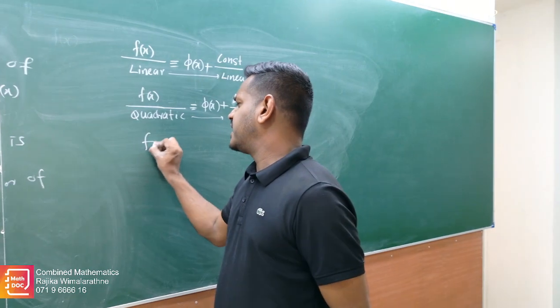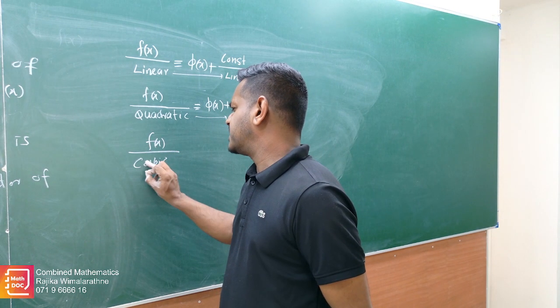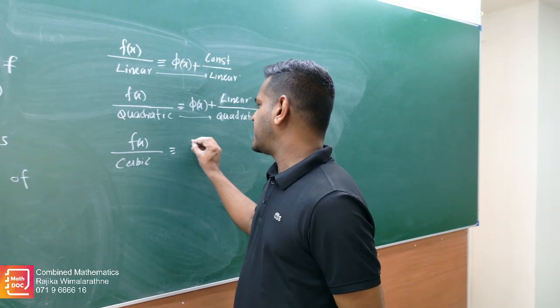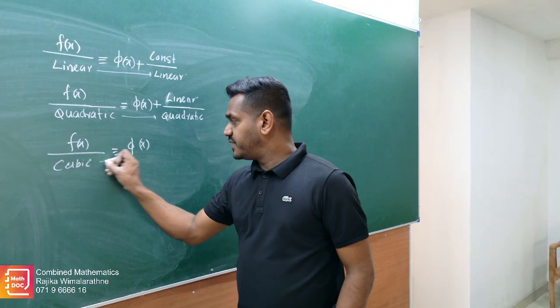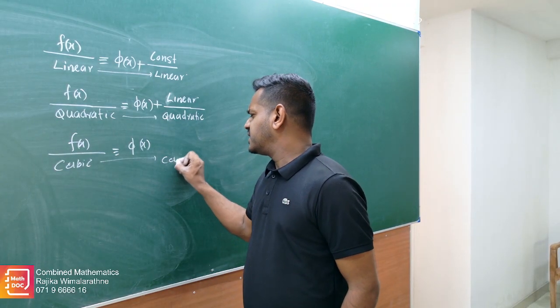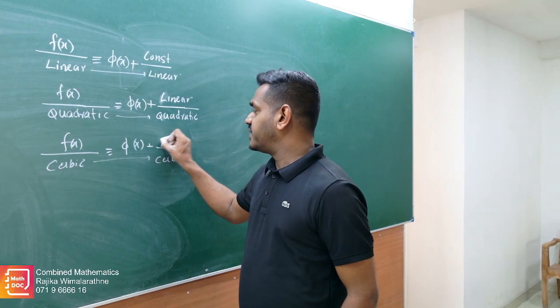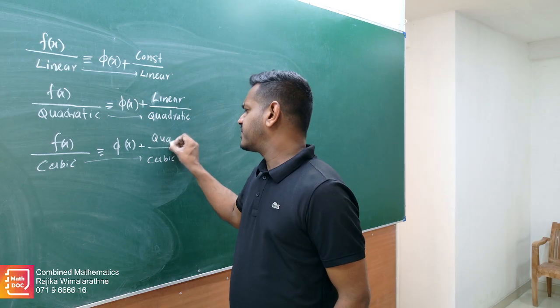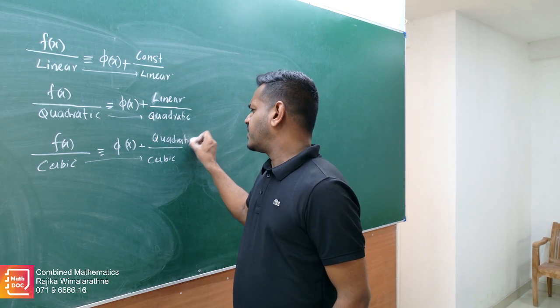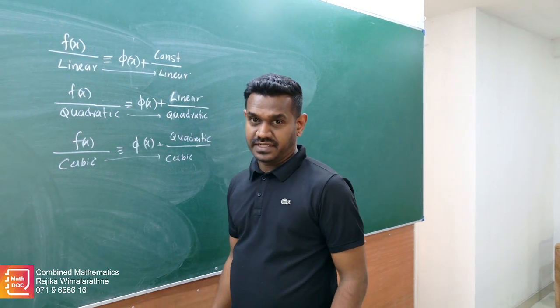When f(x) is divided by a cubic factor, there will be a quotient, then the cubic denominator, and remember the remainder will be quadratic. So those are the division algorithm properties.